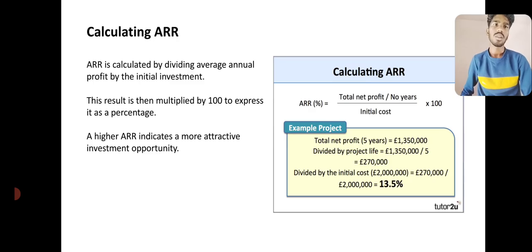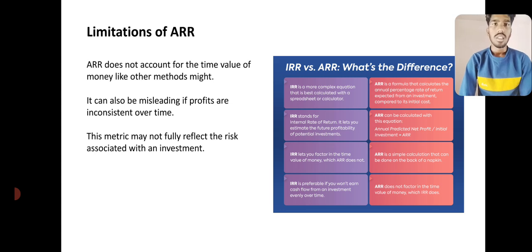We can see examples and the formula here. Next, this also has limitations. Accounting rate of return does not account for the time value of money like other methods, and it can also be misleading if profits are inconsistent over time. The metric does not fully reflect the risk associated with the investment.